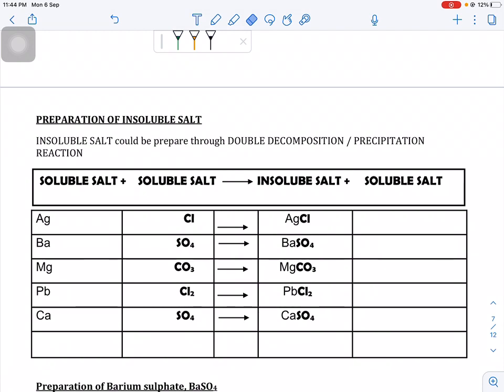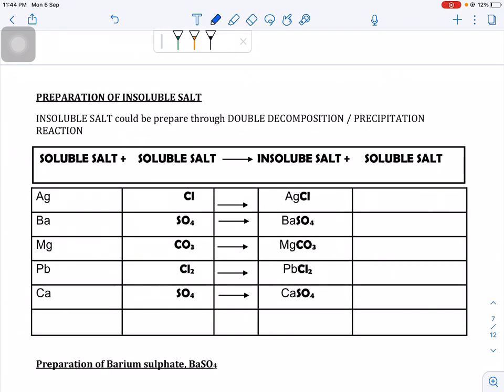So in this video we're going to continue with the preparation of insoluble salt. In the previous lesson we already covered the preparation of soluble salt by using four reactions of acid. And for this video, I will teach you how to prepare insoluble salt.